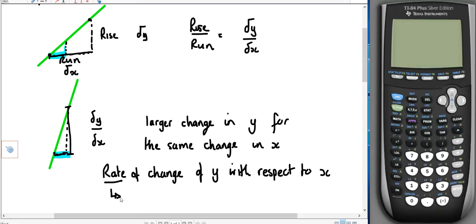So if I have a higher gradient, it means y is changing quicker. The rate of change of y is higher. So all we're doing is interpreting things slightly differently. It's still gradient, it's still higher gradient, that kind of thing. So the rate of change of y is higher if the gradient is steeper. Right.